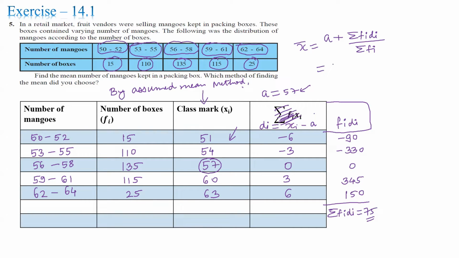So we'll put the values here. A plus 75 upon summation of fi. What is summation of fi? 400. Okay, so 75 upon 400. A, we have taken 57. So what does it come to? 25 threes are 75 and 25 sixteens are 400.